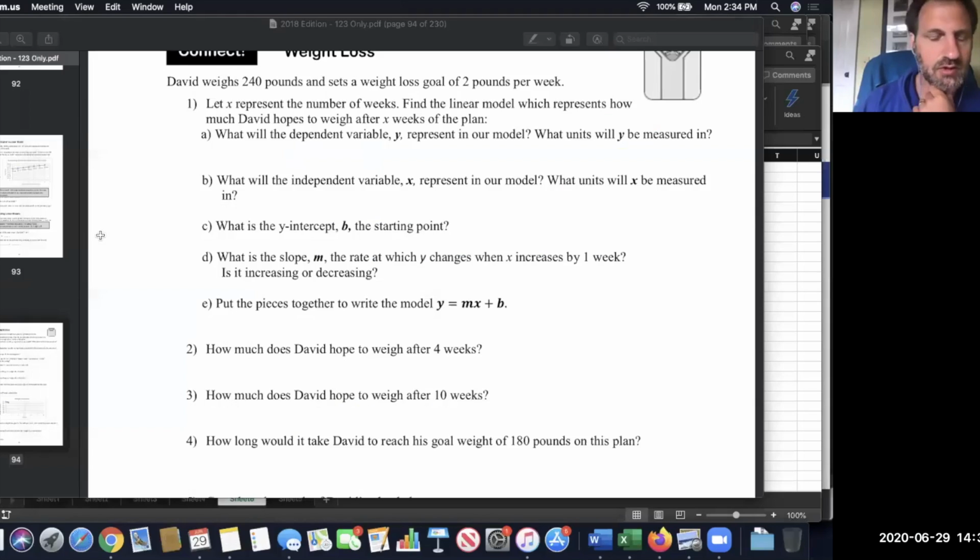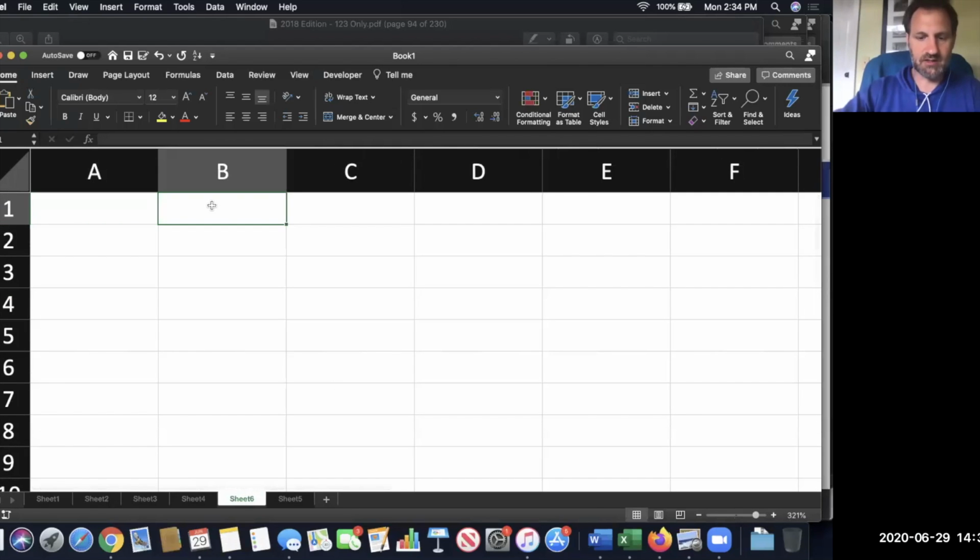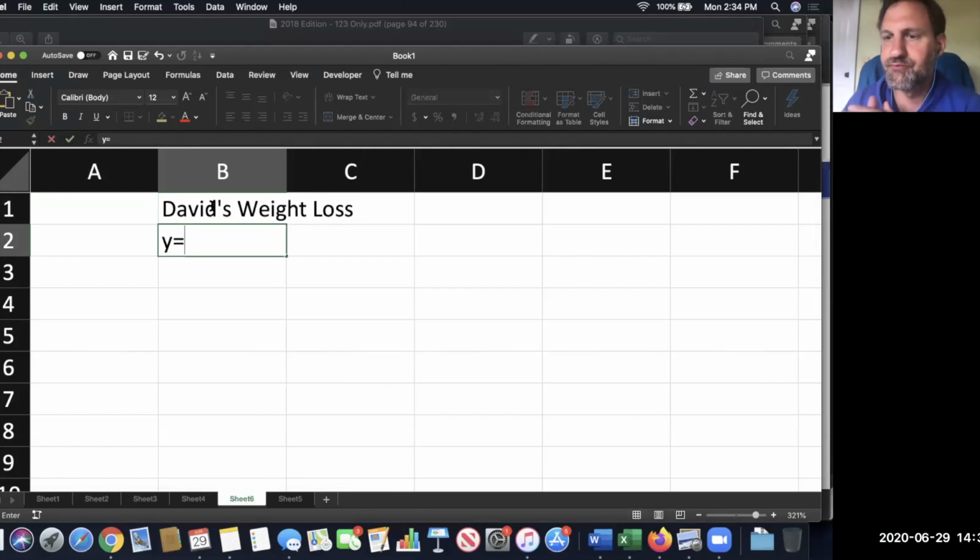So let's go back to the full screen share here. Okay, so first step was to come up with the model. This is David's weight loss. Y equals, what'd you come up with?